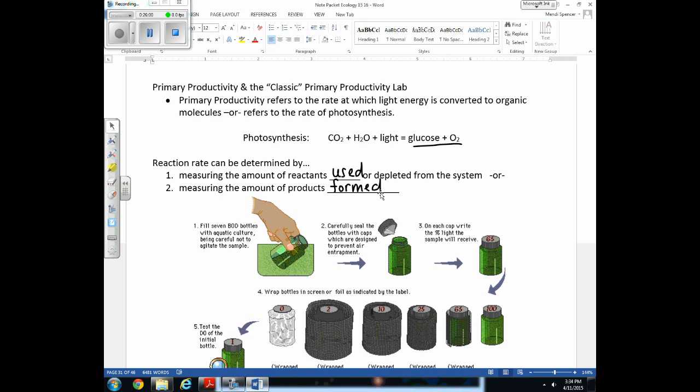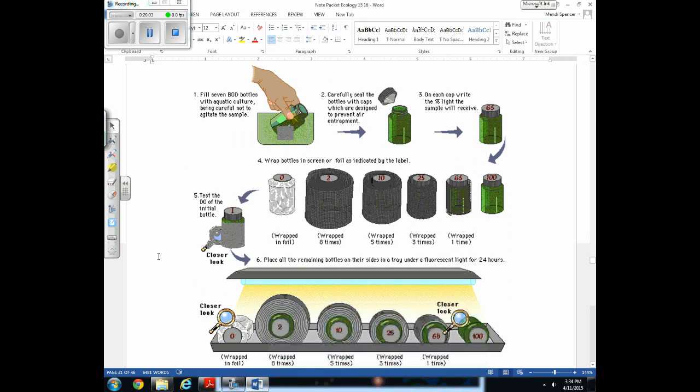What we did in a past experiment was we filled up bottles with algae and water. And what we did after that is, for some of these bottles, we wrapped them in screens. So what we were doing is we were limiting and we were changing the amount of light that was going to be absorbed by algae. And algae is a plant that does photosynthesis.